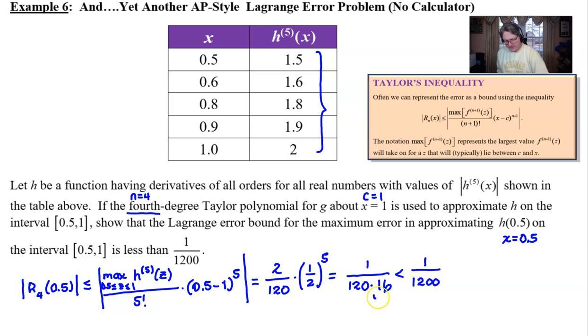The reason is that 16 is larger than 10, because 120 times 10, of course, would be 1200. And the bigger the denominator, obviously the smaller the fraction. And so that is exactly what we could put on our AP exam to really hammer the point home that we've proven that our error is going to be less than the given 1 over 1200.